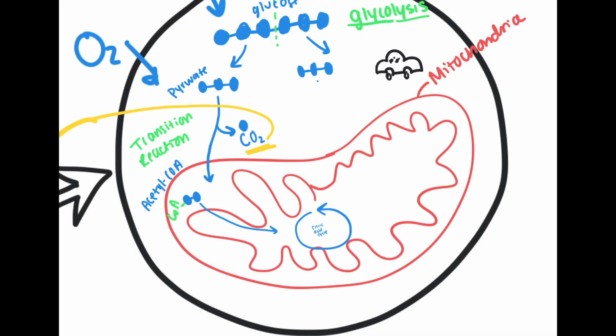But this is actually going to happen twice. Right? I'll get another CO2 and another acetyl-CoA. And they're both going to enter the Krebs cycle, citric acid cycle.